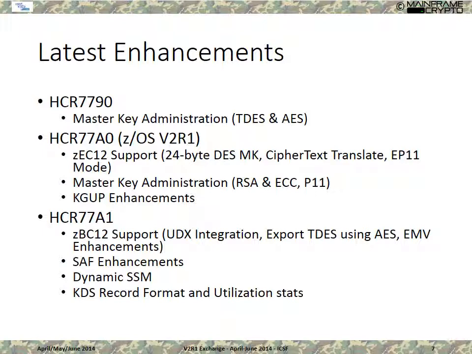So you can go back and check those records and see when a key was last used. Now, with 7701, there aren't any utilities to exploit that yet. But by migrating to 7701 now, you can start populating those fields.